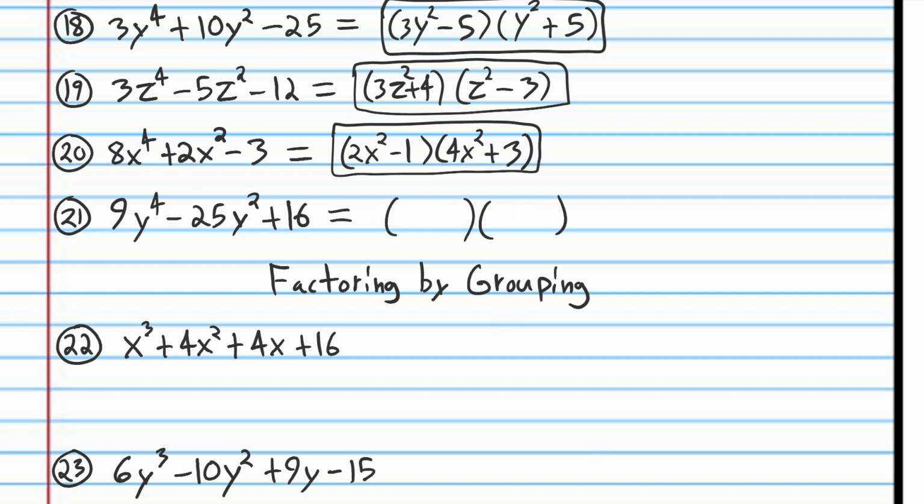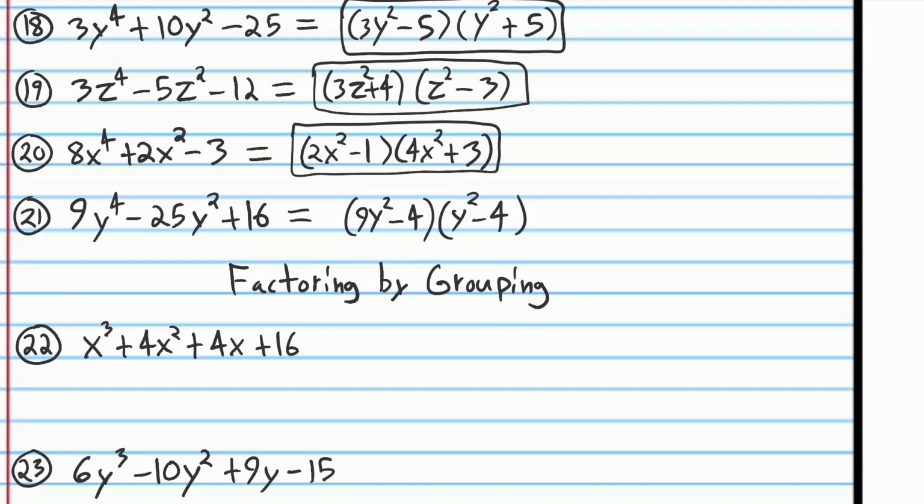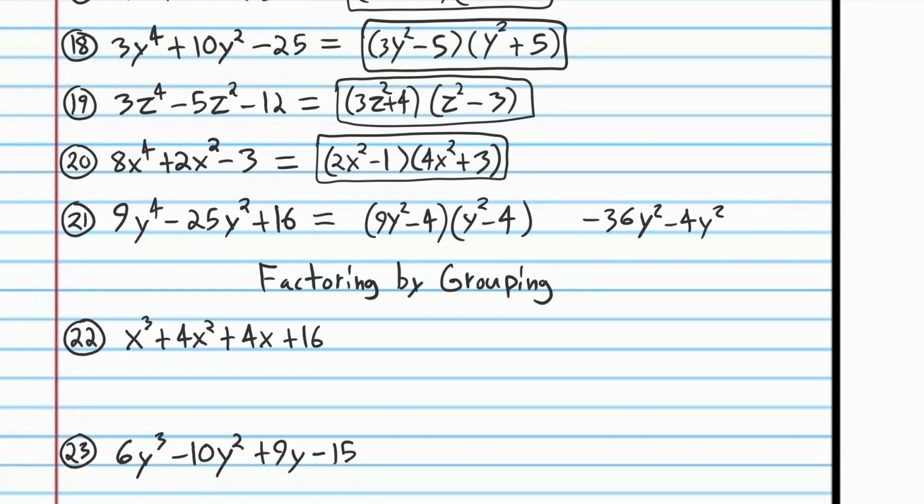So let's try 9y squared times y squared. And then we'll try negative 4 and negative 4. Outside terms would be negative 36y squared. Inside terms would be negative 4y squared, and that doesn't give us the right answer. So that didn't work, but that's okay. Sometimes this happens. You just got to keep trying stuff.